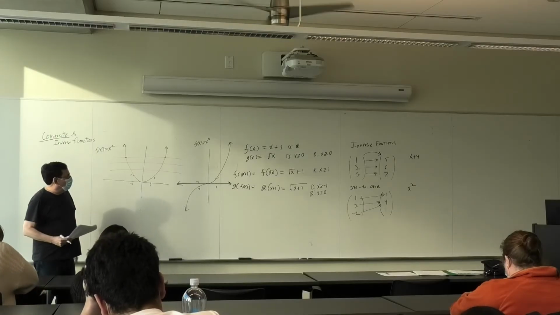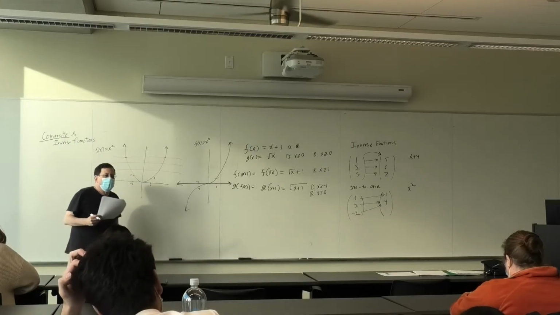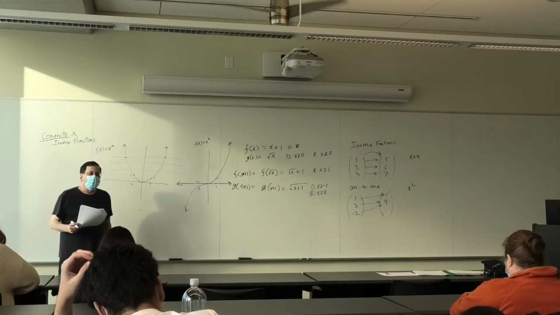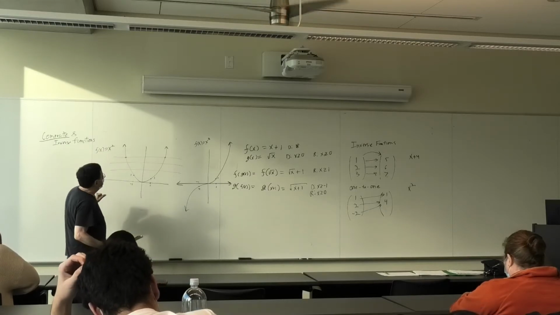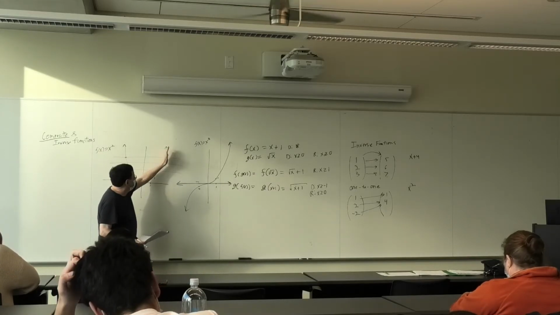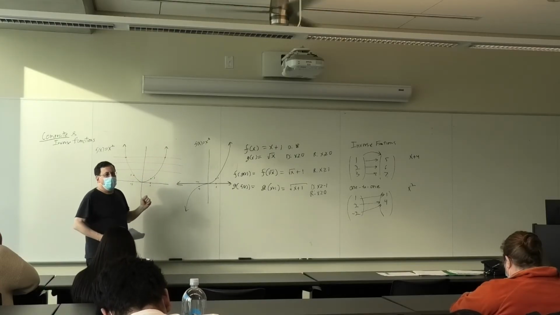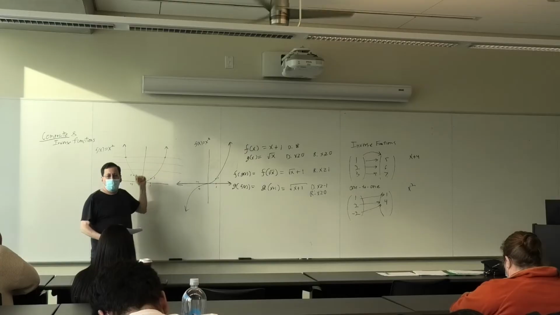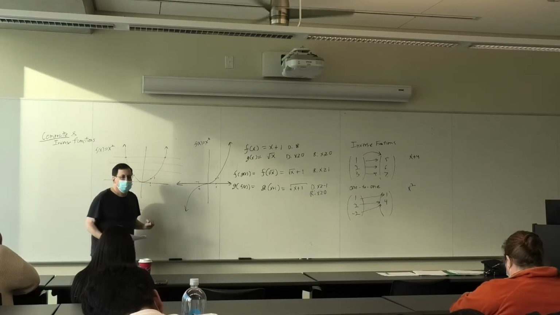Now, here's what's important about this 1 to 1-ness. Let's say I have my function, x squared, so I pick some number and I get some value. I go to 2 and I get 4. What if I wanted a function that went backwards? It takes me from 4 back to 2.